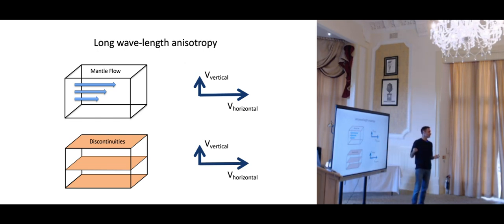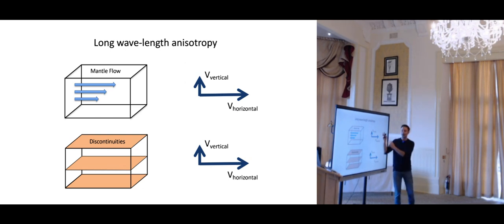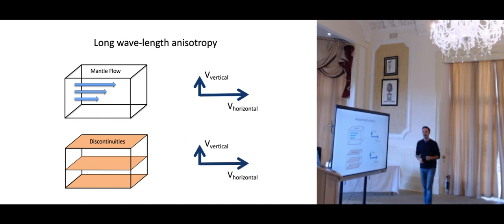When we look at anisotropy, we can interpret it either in terms of mantle flow or discontinuities, and those are very different processes. If we really want to understand the state of deformation in the mantle, we need to map together, at the same time, large-scale anisotropy and small-scale discontinuities.